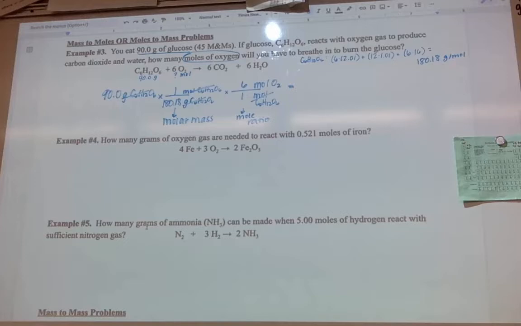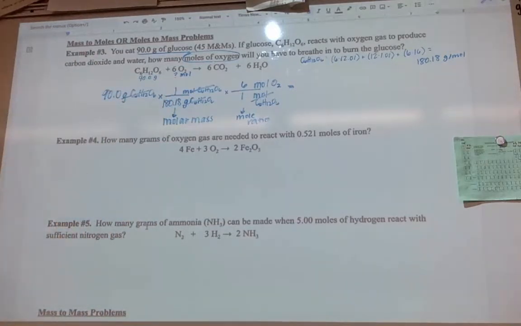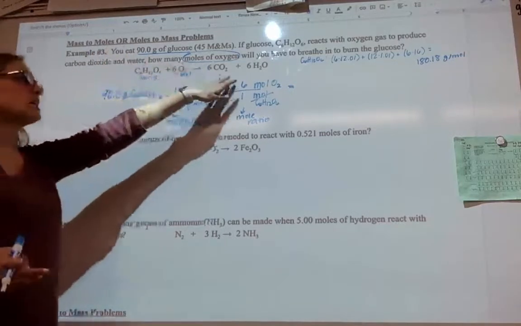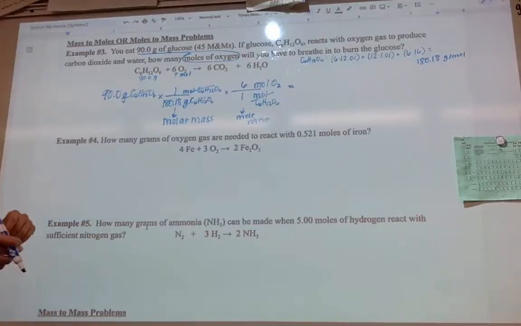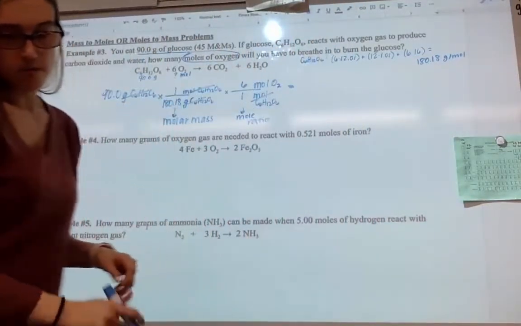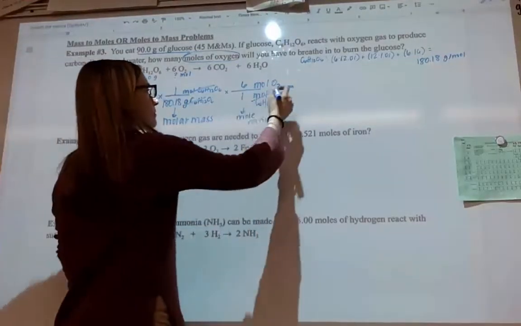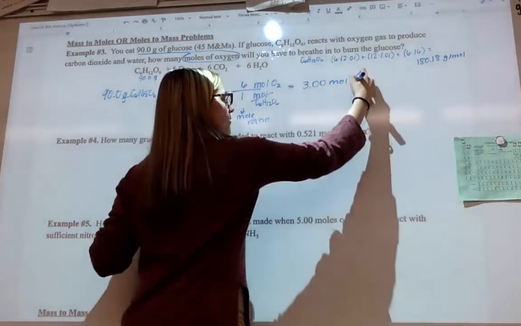So now you multiply across the top. 90 times 6, I'm ignoring the 1 because it's a 1. So 90 times 6, divide that by 180.18. And when I do that, I get 3 moles of O2.